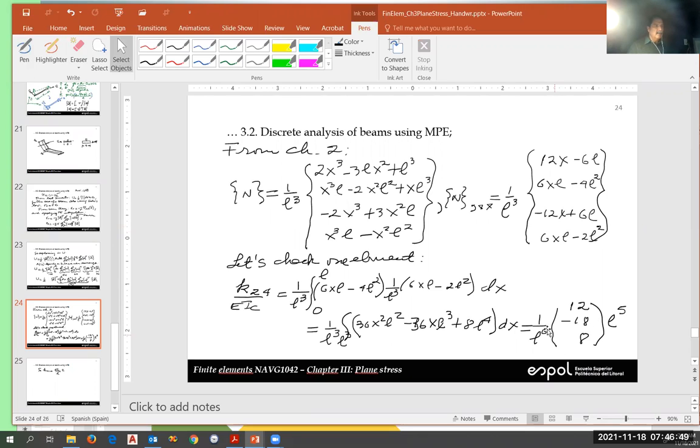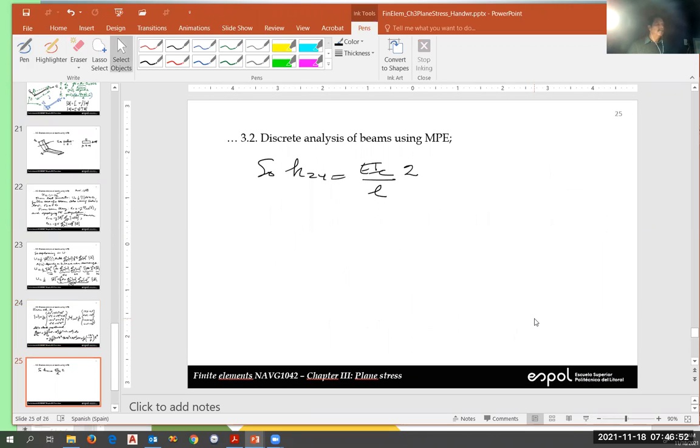Right? Because units, always units. E is force over length squared, I sub C is length to the 4, and then we have 1 over L, so we get force times length.